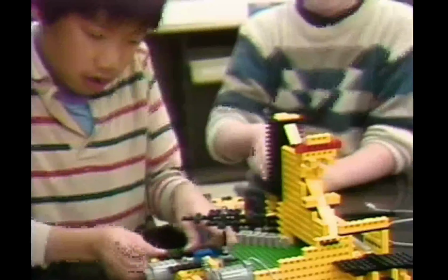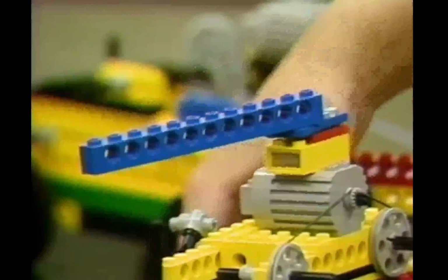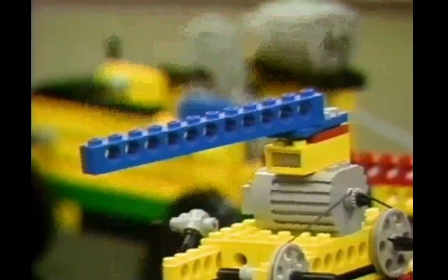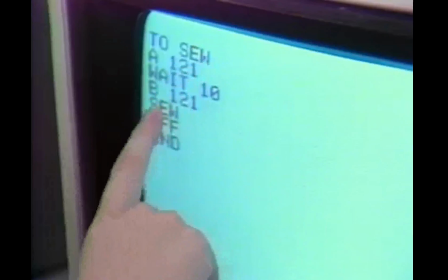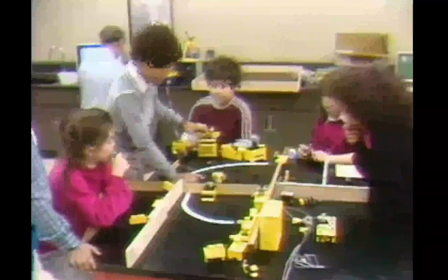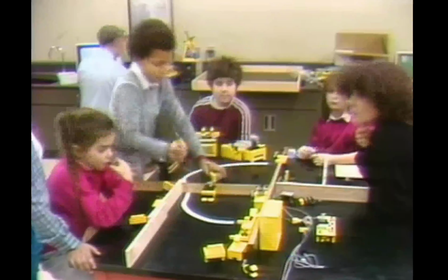The Lego Logo project is one in which children build with the construction set Lego and then interface their constructions with computers so that they can control them. The children are learning to program. They're learning important ideas about motion, about feedback. They're learning principles of engineering design. Above all, they're learning that knowledge is a unified thing and that the scientific and formal and mathematical knowledge is not something separate from their passion for toys, from the things they did since they were small children before they even came to school.